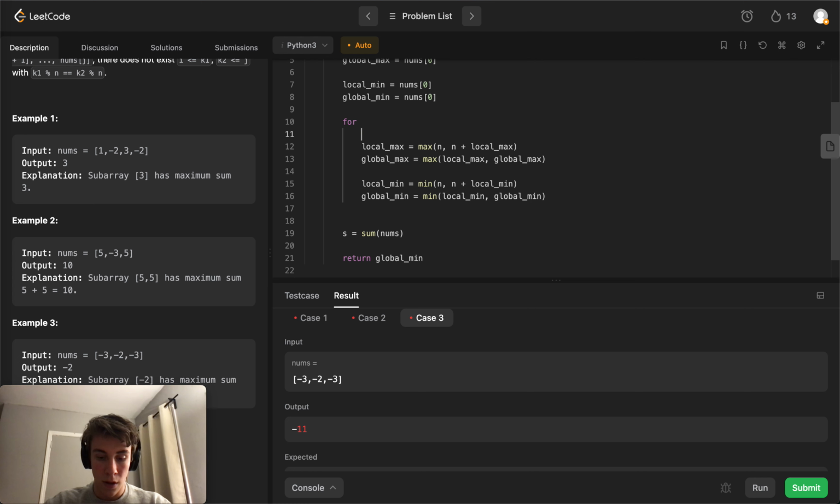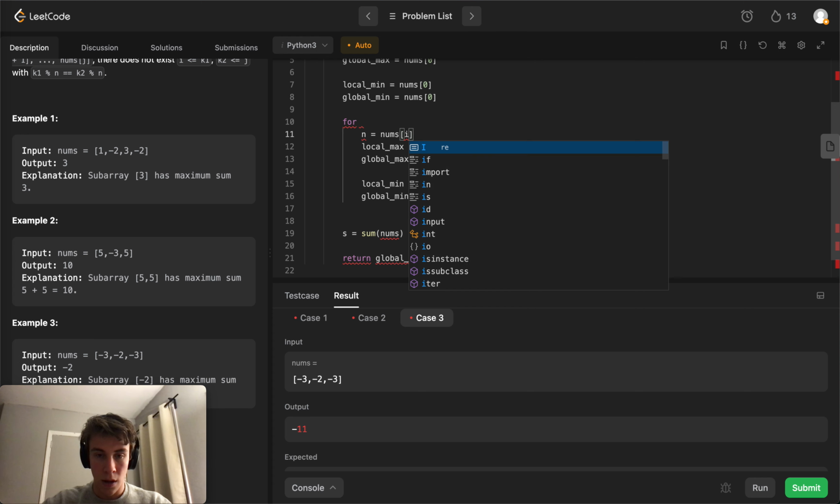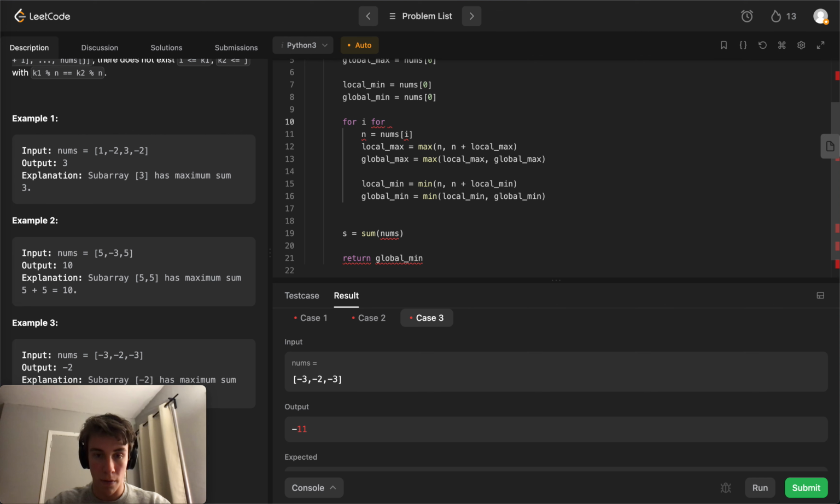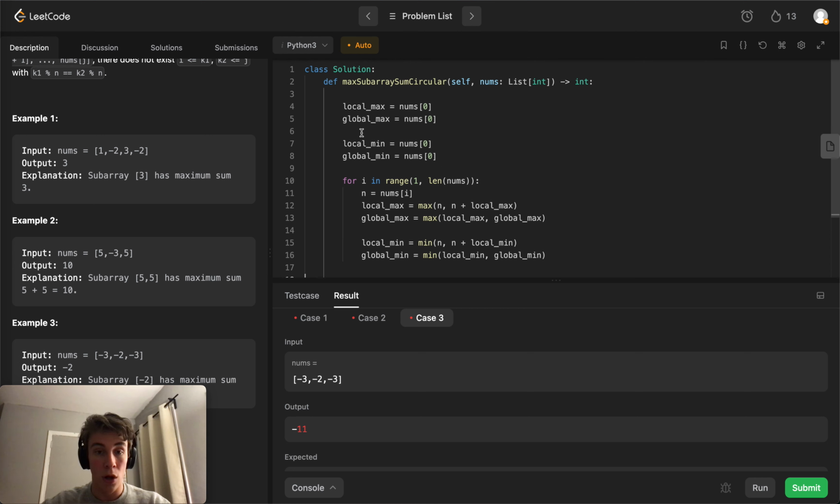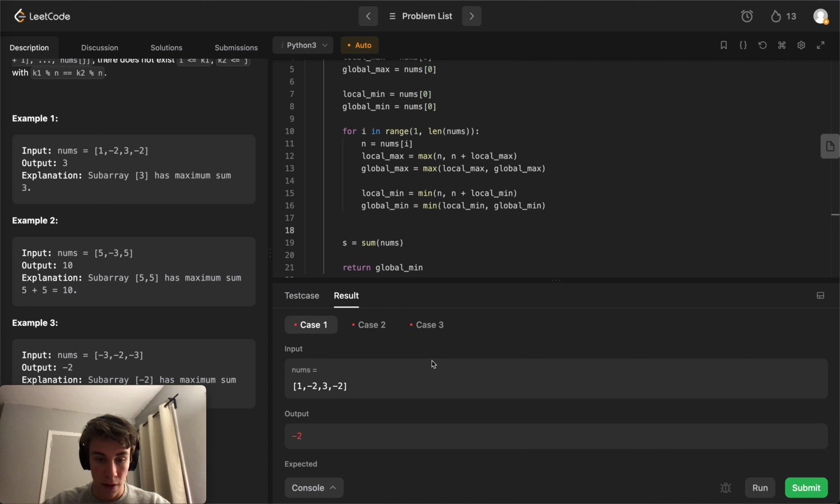Instead of iterating through all of our values, we actually have to be skipping the first one, because the initial local max and local min are the first value. Let's see if this is correct.